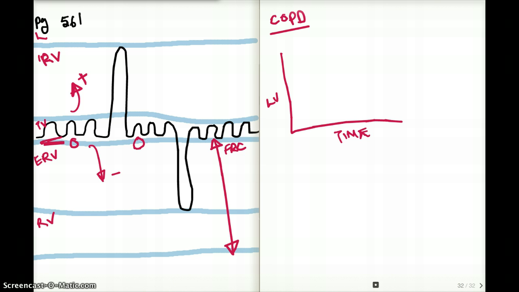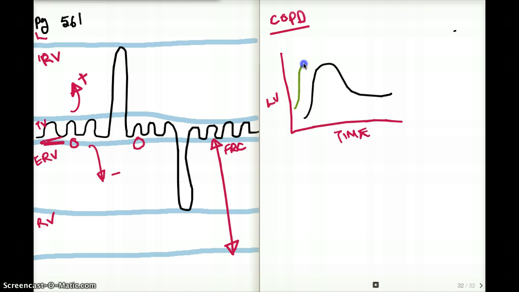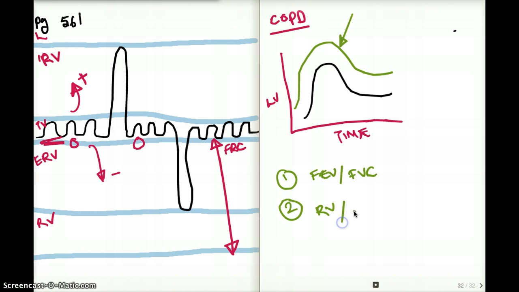And let's say the black curve is for a normal patient, and the green curve is for our patient. Which of the following is going to relate to our patient, not the normal patient? Let's say one is FEV1 divided by FVC, the other is residual volume divided by total lung capacity.